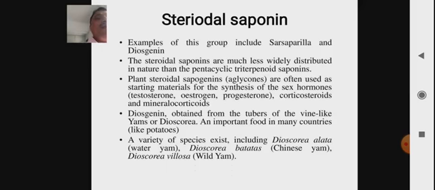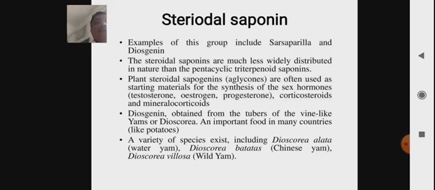So these are the different hormones. They are synthesized from the aglycone or genin moiety of the saponin.